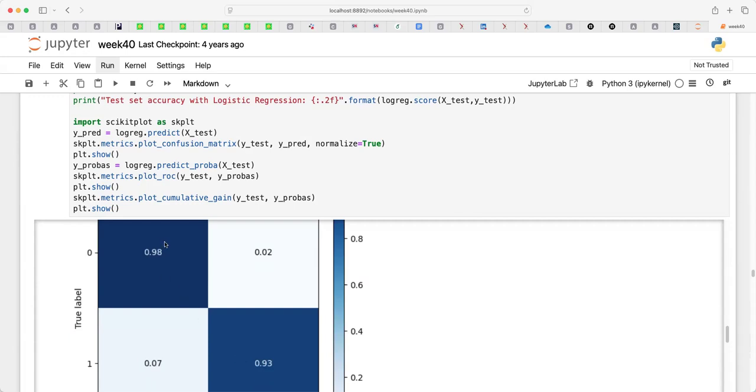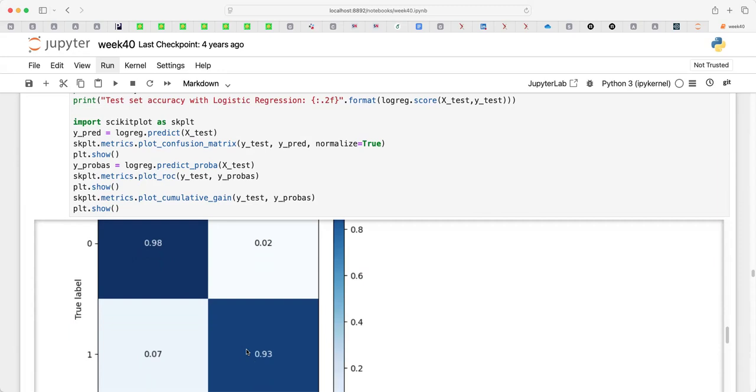So if this is a yes case, you predict correctly 98% of the yes cases and 93% of the no cases. Sometimes you don't have a balanced data set. Ideally you have 50-50 of yes and no, an equal amount of training data for the yes and no cases.